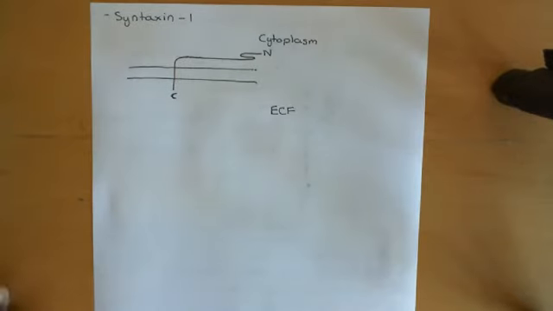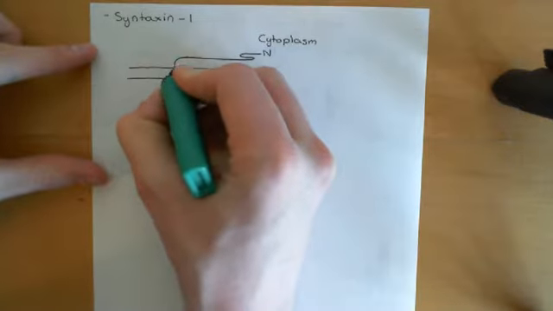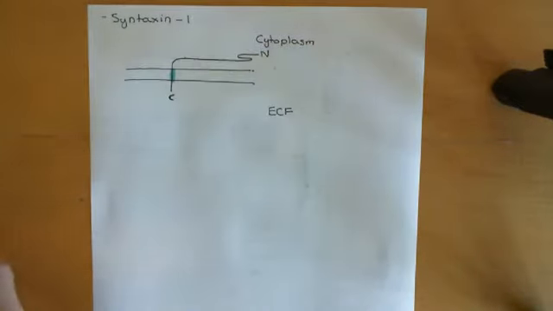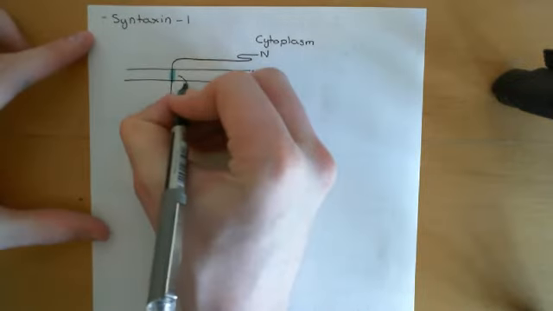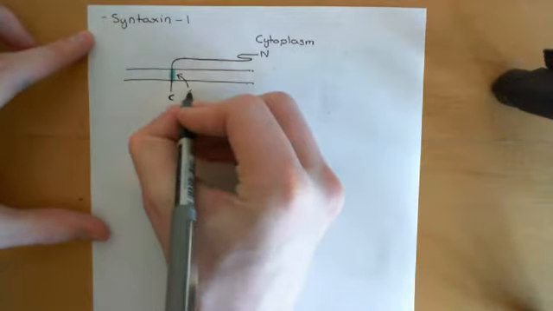I'm going to colour in different bits to show where the alpha helical structures are. This portion here in turquoise is the transmembrane region, the membrane-spanning alpha helix.